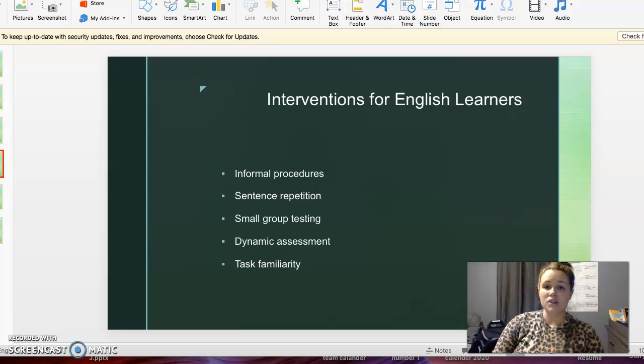Interventions for English learners. A lot of this is testing as well, informal procedures. When I talk about doing tests verbally with my student from Estonia, I sit down with her, and a good example is we tested over locations on a map. The directions were not lengthy. They just said, please write the letter of the country next to it.